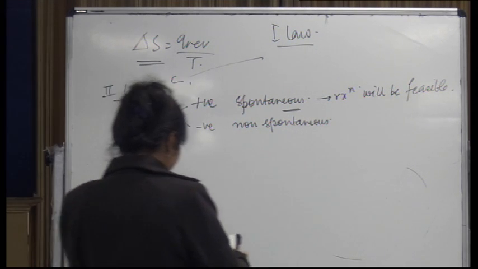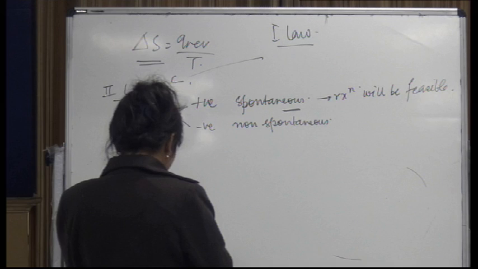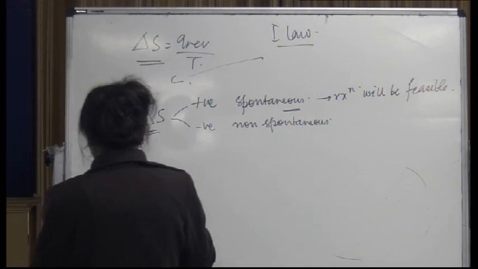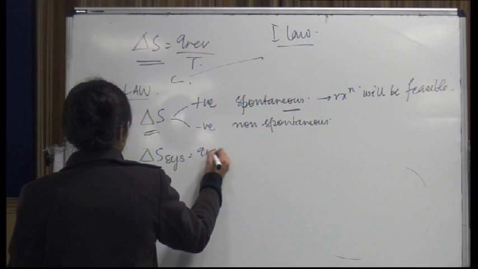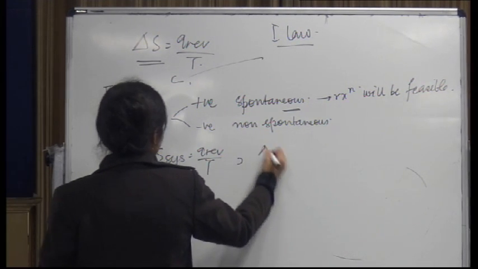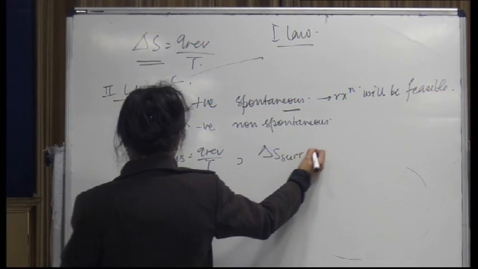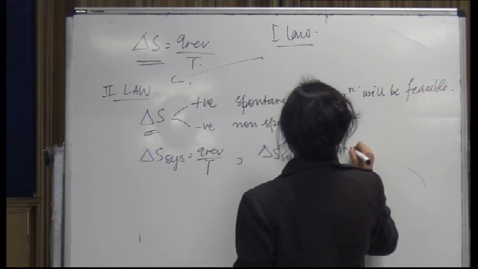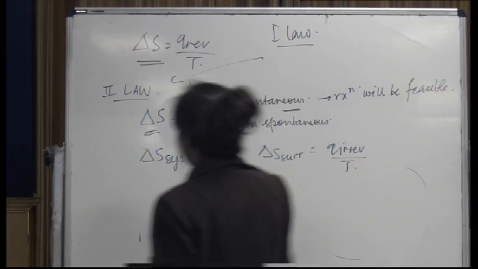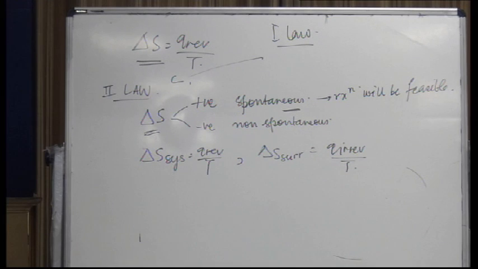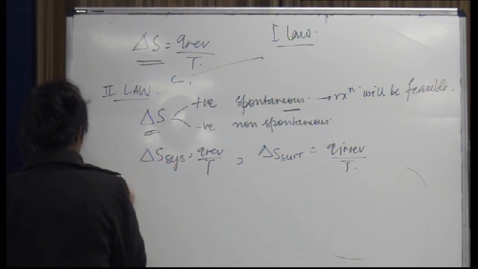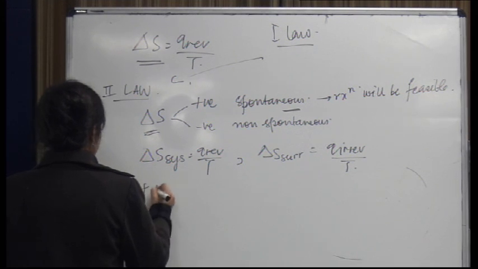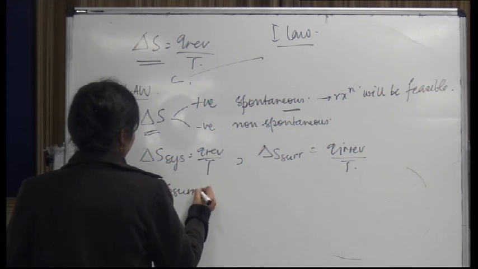Okay. Then remember that there are some things which are important: your delta S system can be written as Q reversible upon T. Delta S surroundings can always be written as Q irreversible upon T. And what will be your delta S system plus delta S surroundings?